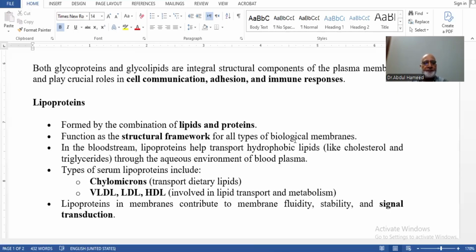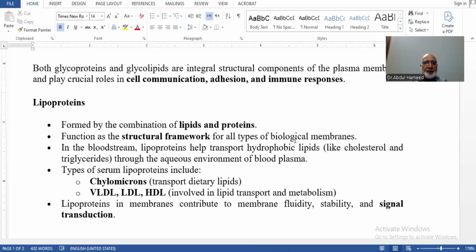Then there are VLDL, LDL, and HDL, involved in lipid transport and metabolism, and we know they are very important. Sometimes we recognize and diagnose different types of cardiac diseases by the high level of these molecules.